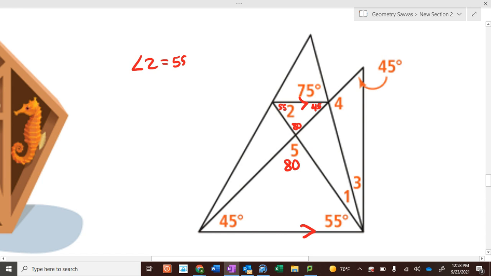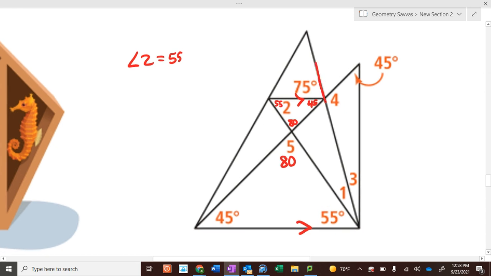Well, if we draw some lines here, angle 4 is vertical angles with these two that are combined. What's 45 and 75 add up to? 40 and 70 is 110, plus 5 is 10, so 120.